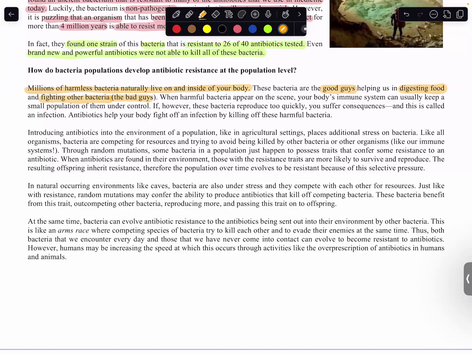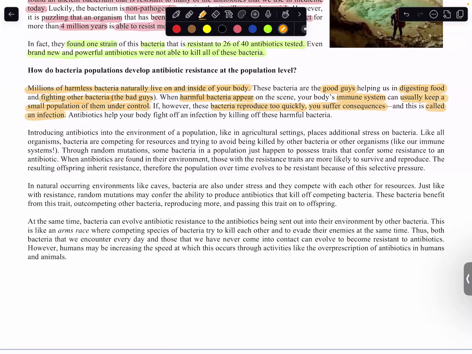Let's continue. When harmful bacteria appear on the scene, your body's immune system can usually keep a small population of them under control. However, if these bacteria reproduce too quickly, you suffer consequences. And this is called an infection. All right.